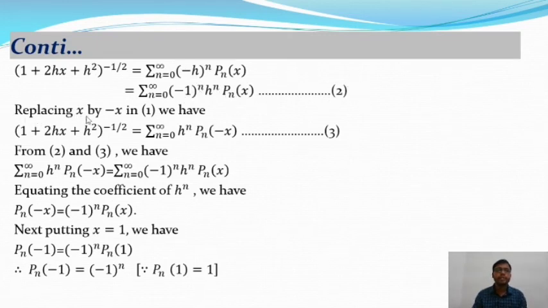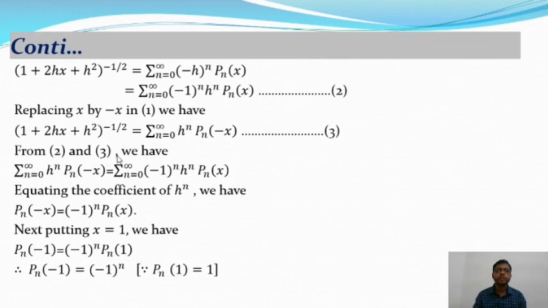Now replacing x by -x in equation 1, we have (1 + 2hx + h^2)^(-1/2), which is equal to the summation over n from 0 to infinity of h^n Pn(-x). We can call it equation number 3.